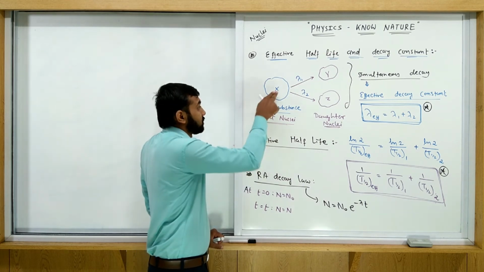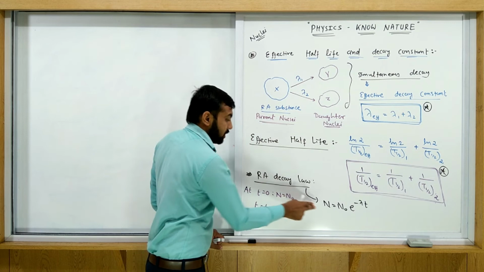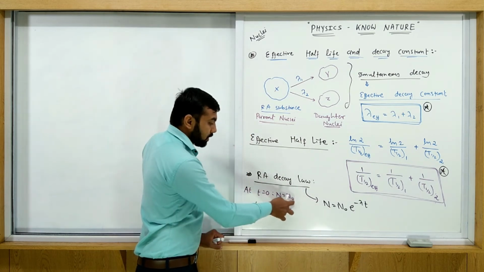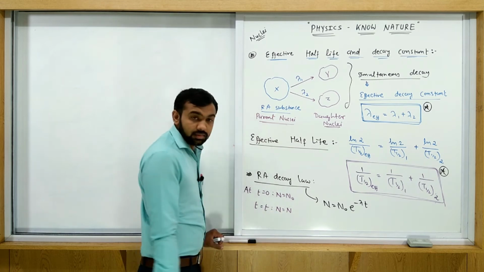Which is the parent substance? This one. So in the X substance, the number of nuclei is called N and N0. At t equal to 0, N0; at t, N.